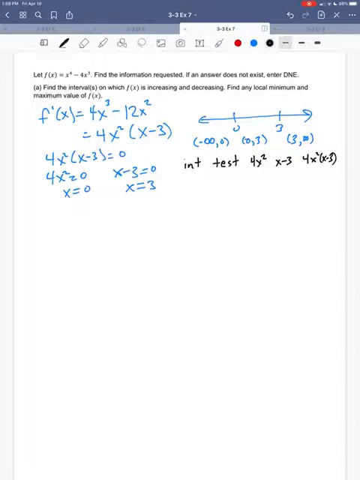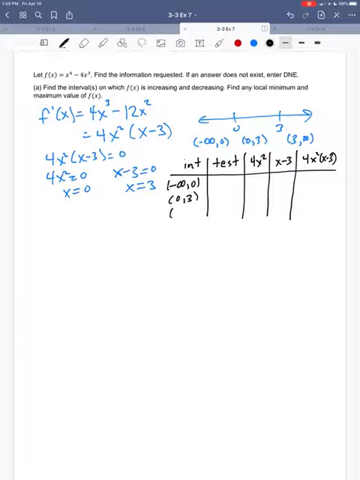So I'm just going to look at the sign in each interval. So I'm sort of making this sign chart here. We have from negative infinity to 0, we have from 0 to 3, and we have from 3 to infinity.